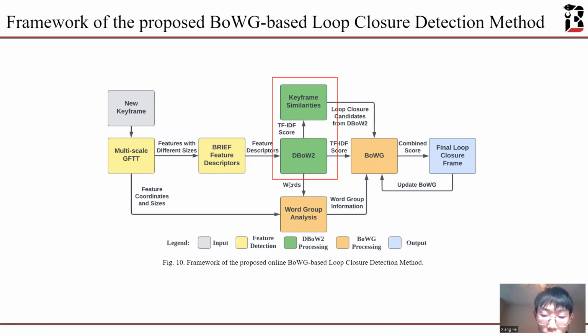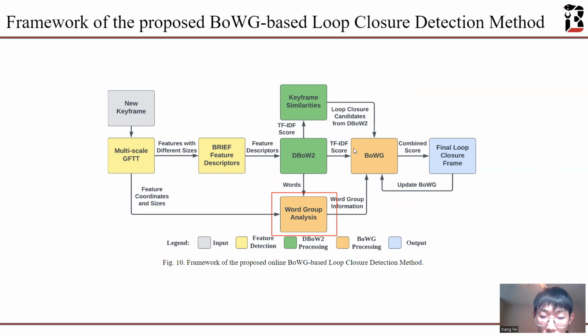After that, the obtained feature descriptors are utilized by DBoW2 to gather words in the keyframe and use TF-IDF scores from DBoW2 to obtain the loop candidates. Here, DBoW2 can be replaced by other bag-of-words methods.